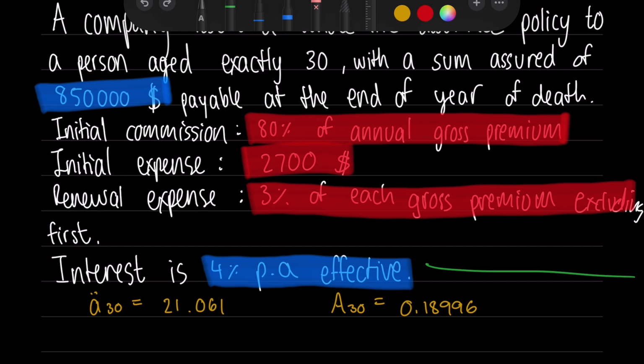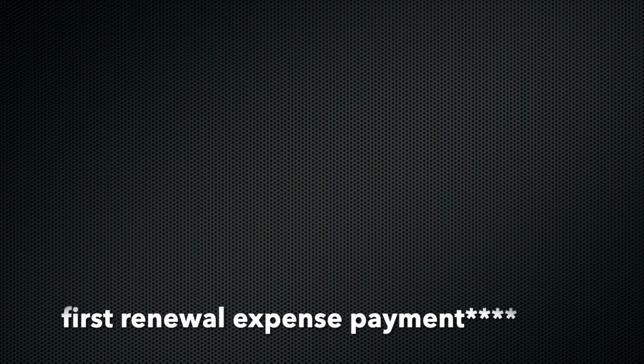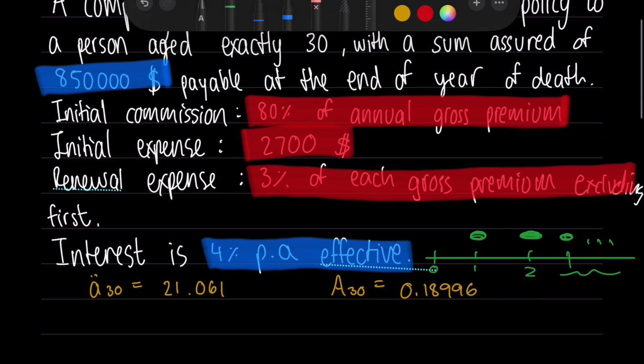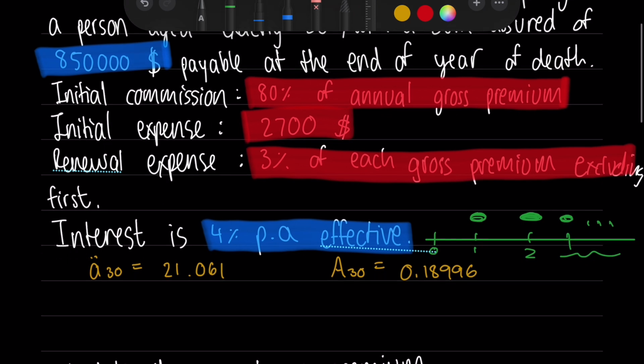If this is a timeline, our contract starts here, time 0, 1, 2, and so on, this is a whole life. Our first payment would be here, then we've got another one there, so technically these are in arrears. However, when we're doing these contingency calculations, working in advance is easier because this value is tabulated.